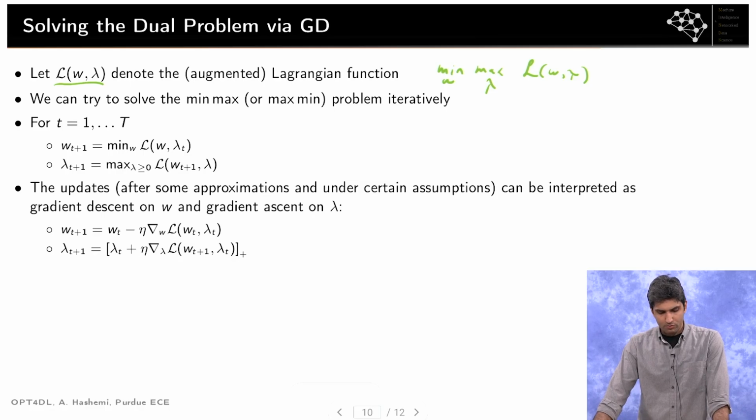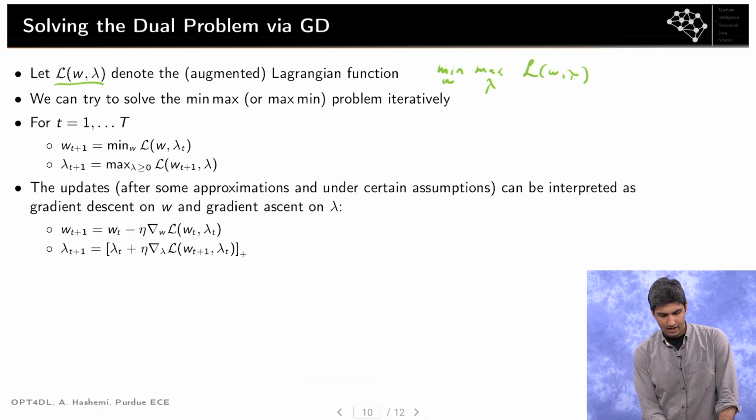Therefore, what we typically end up doing is what we refer to as alternating optimization. That means that I'm going to first keep lambda fixed and optimize W, and then keep W fixed and optimize lambda.